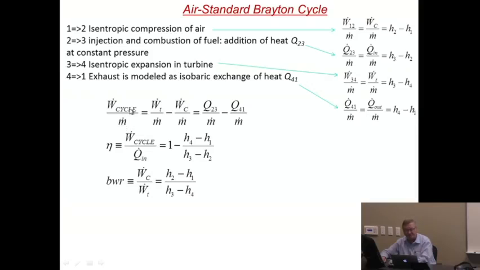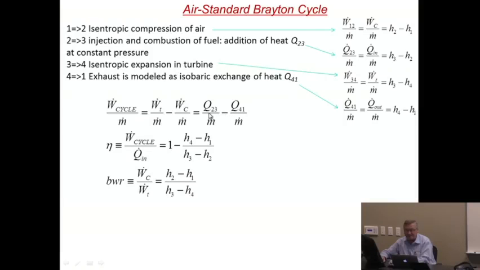The net work of the cycle, though, is the change of work. It's the work produced by the turbine minus a fraction of it that's absorbed back by the compressor. So that, because it's a cycle, is also equal to the heat in minus the heat out. The efficiency, as usual, is the net work done by the cycle divided by the heat in. So since this is heat in minus heat out, you can work out these equations and use them here.